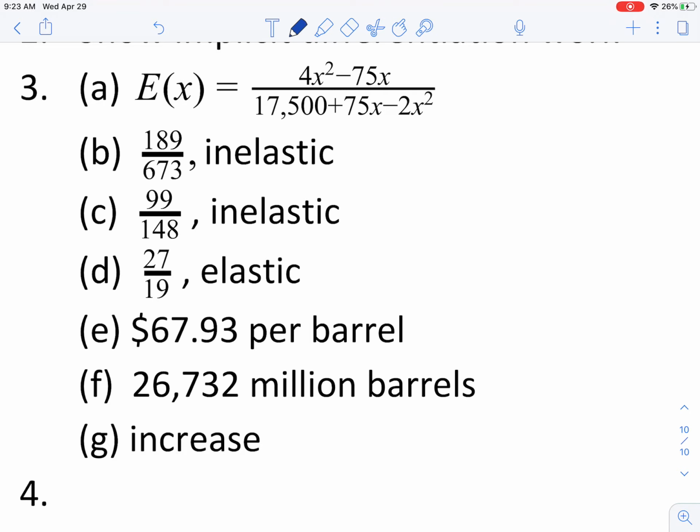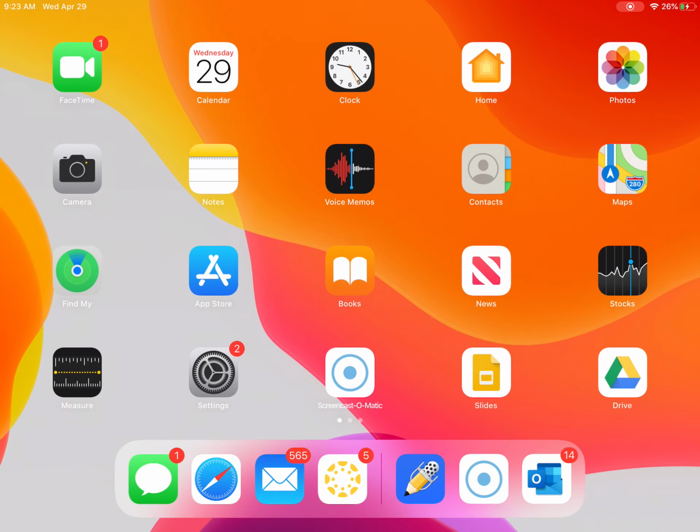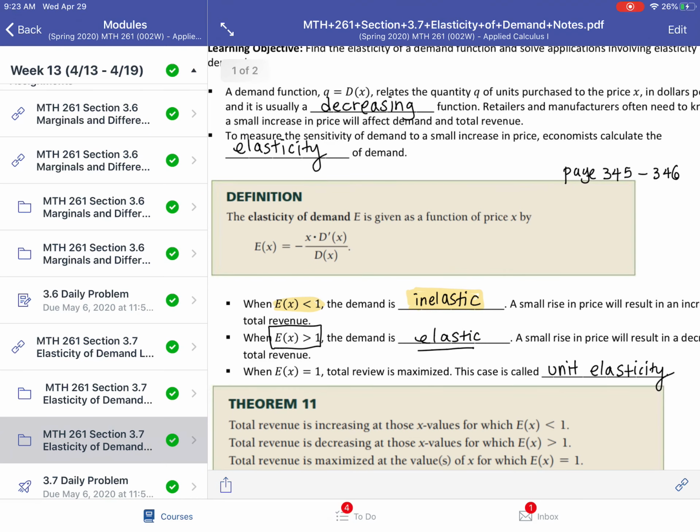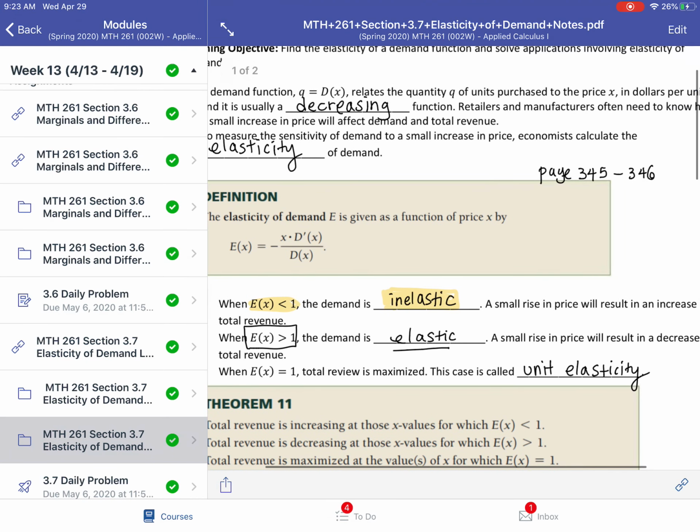Notice that 0.28, well, that fraction, because the numerator is smaller than the denominator, this number is smaller than 1, right? And remember, when the elasticity comes out to be smaller than 1, we call that inelastic, which means if you increase the price a little bit, it's going to increase the total revenue.